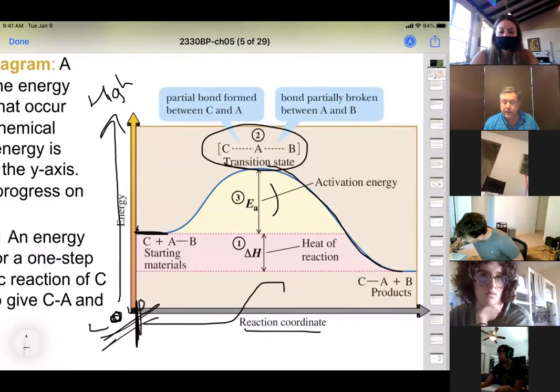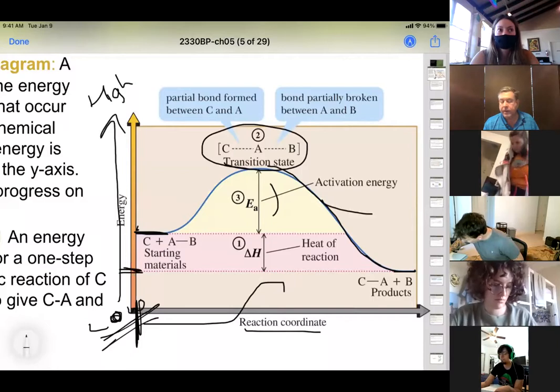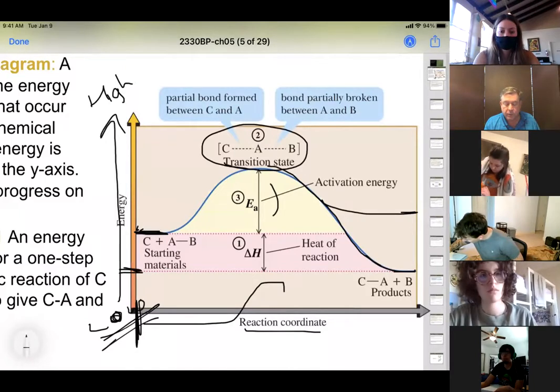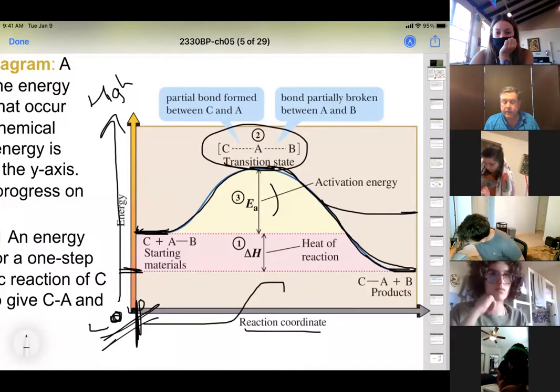And the products can have less energy than the starting materials, or they can have more energy than the starting materials. And that's going to tell us something else. So the components here are this curve where we start in energy, where we have to rise in energy to make the reaction happen, and where we come down and what the products look like.